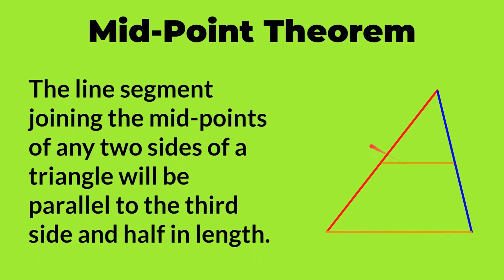So by seeing this we can say that this line is parallel to this line, that is both yellow lines are parallel, and this line, the shorter one, is half of the longer one, that is this length is equal to this length. Okay, let's see the proof of this theorem.